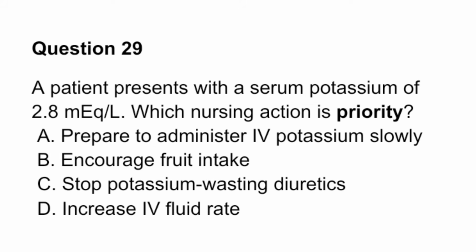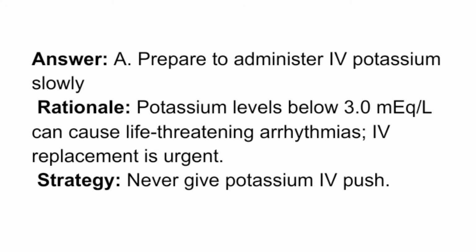D. Increase IV fluid rate. Answer: A. Prepare to administer IV potassium slowly. Rationale: potassium levels below 3.0 milliequivalents per liter can cause life-threatening arrhythmias. IV replacement is urgent. Strategy: never give potassium IV push.